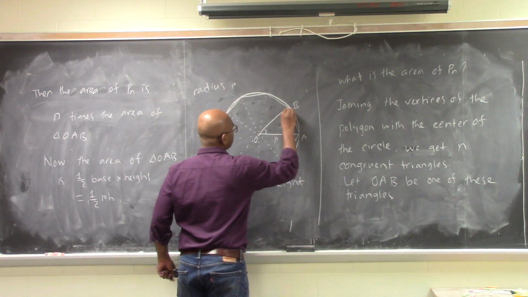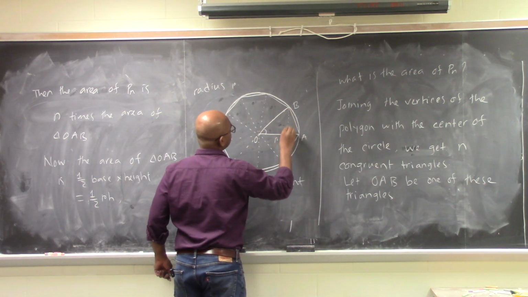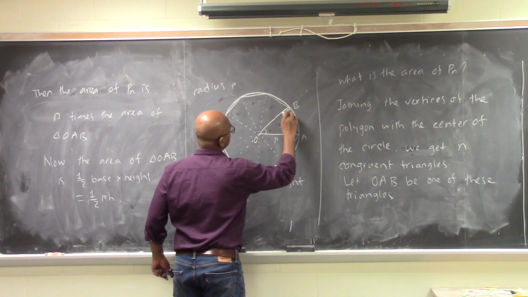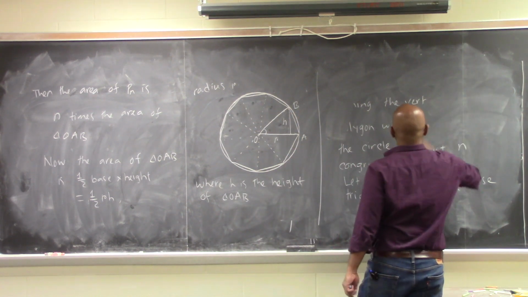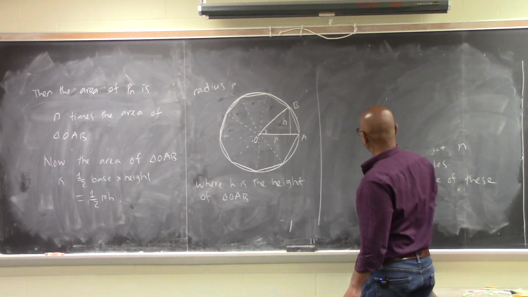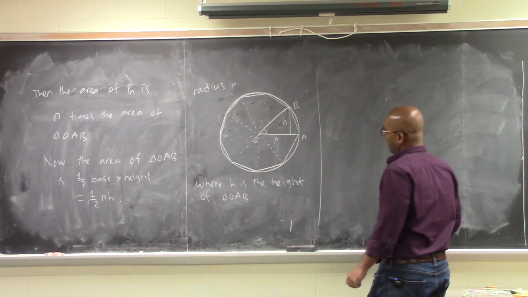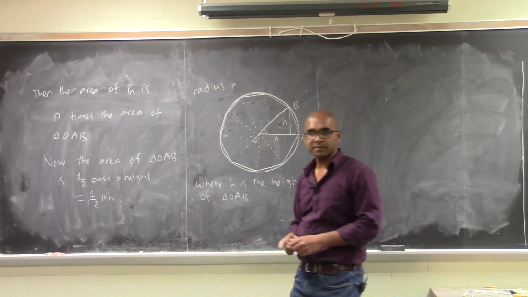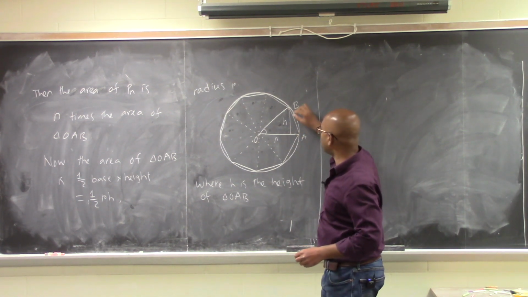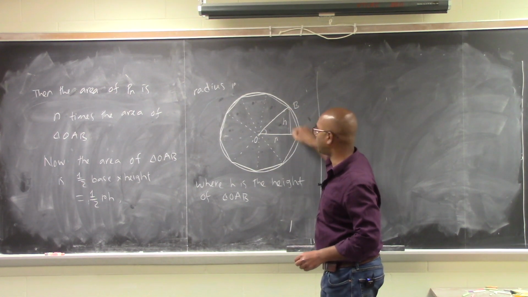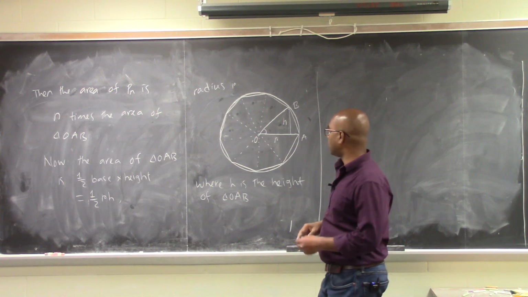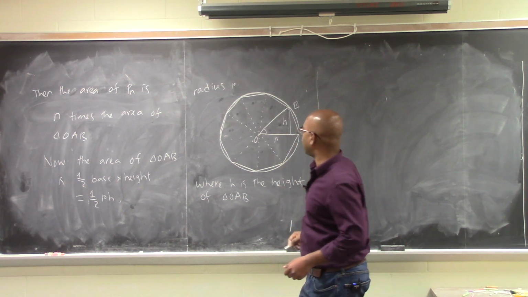So let's draw a perpendicular line here. Let's say this much is h. Then can you see a relation between this h and r? Notice this is a perpendicular, so this becomes a right triangle. Let's say this angle is theta.